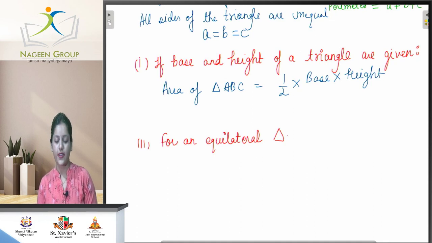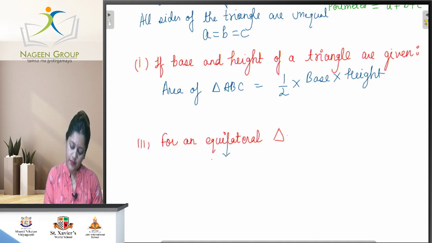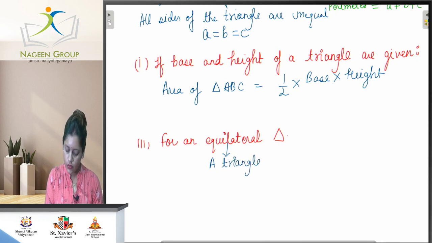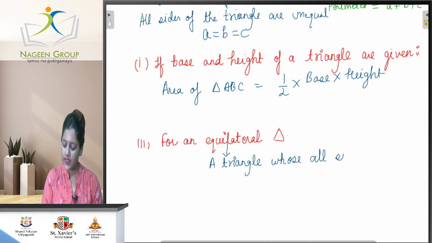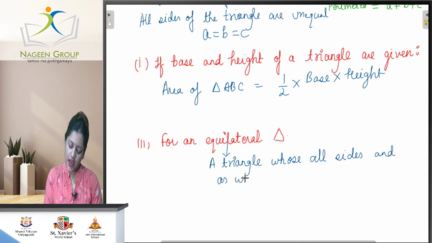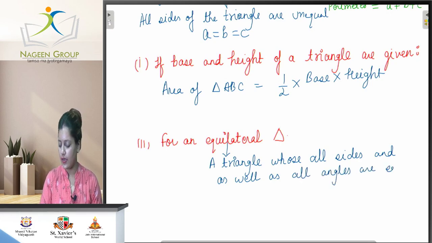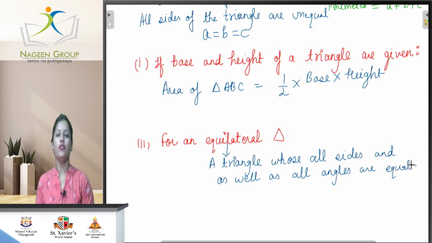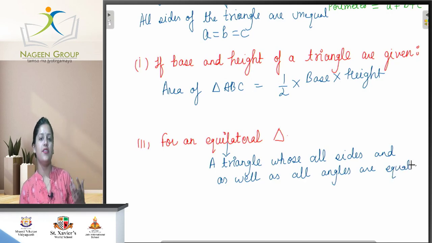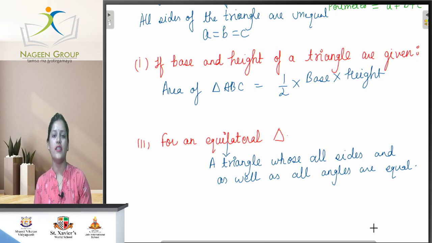A triangle whose all sides as well as all angles are equal. Do you get it? An equilateral triangle is a triangle having all the sides as well as all the angles equal.